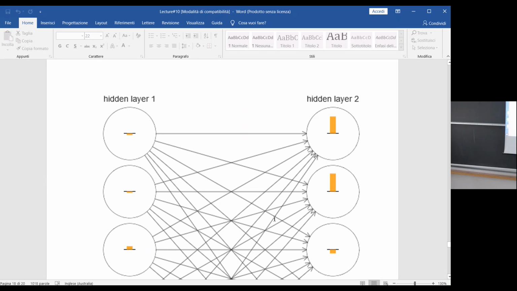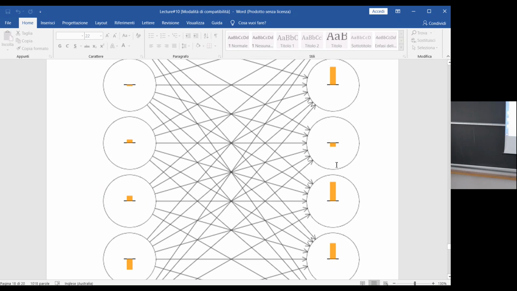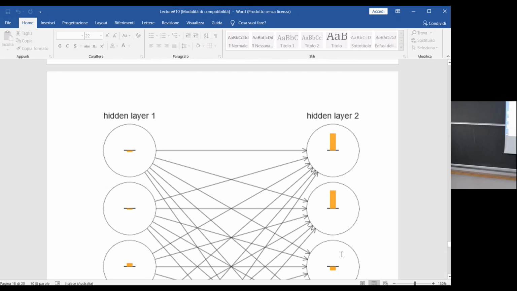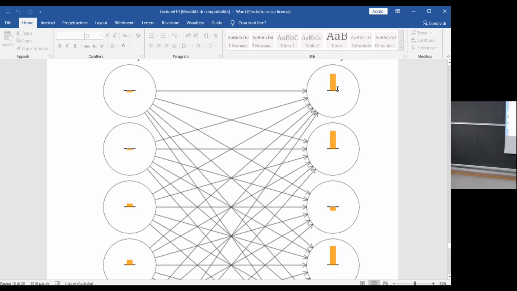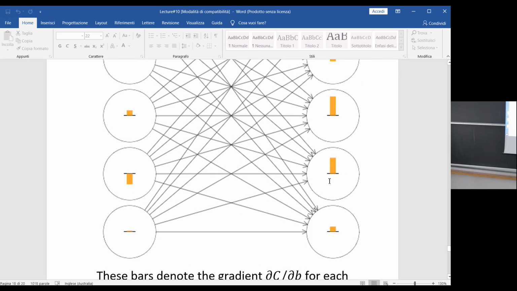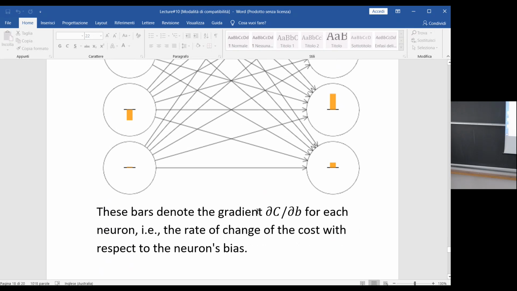Why does it happen? We have, for example, hidden layer 2 and hidden layer 1. Here the lengths of the bars are proportional to the gradient dC/db for each neuron.